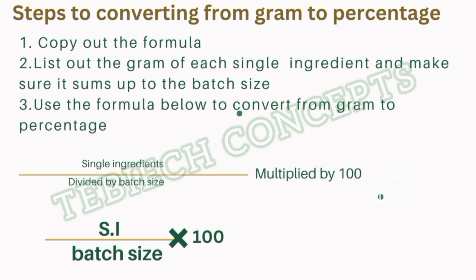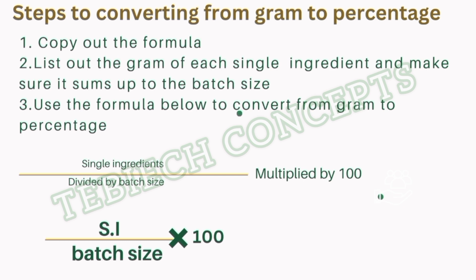The first thing is to copy out the formula. The tested formula that you already have, the recipe, is already written in gram. So you write them out either in your notepad or in your workbook or whatever you are using to document. The second step is to list out all the gram of each single ingredient, like, for instance, vegetable glycerin, distilled water. You list them out the way they are in the recipe or in the formula.